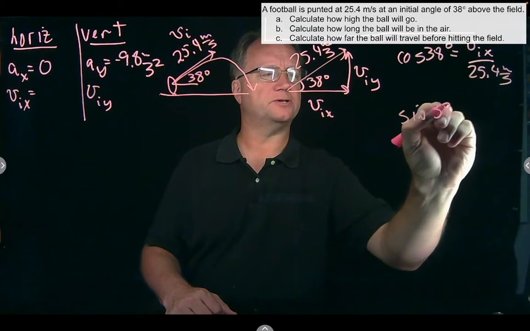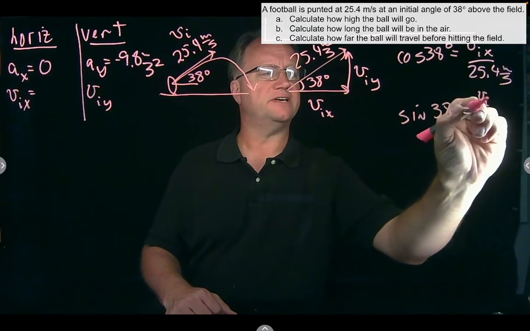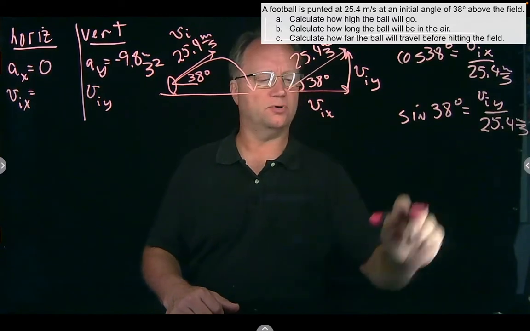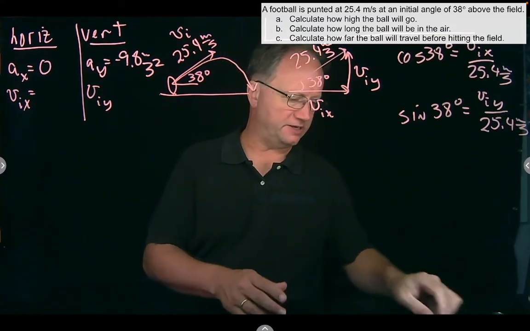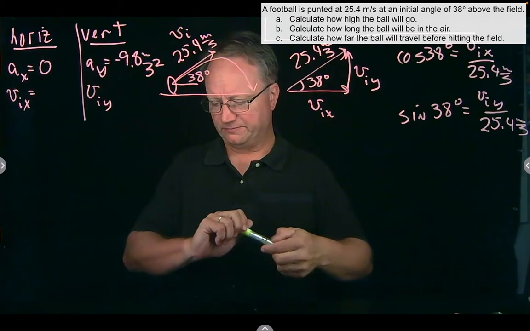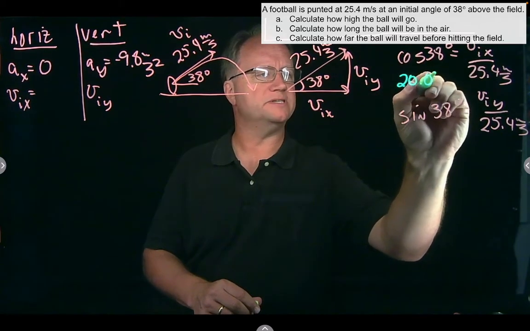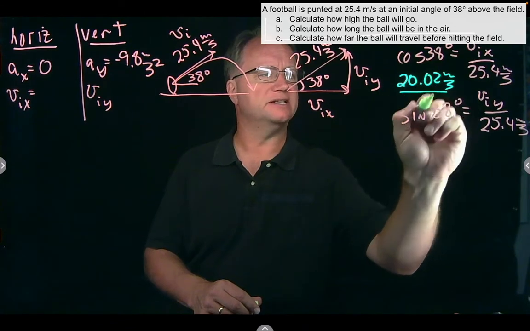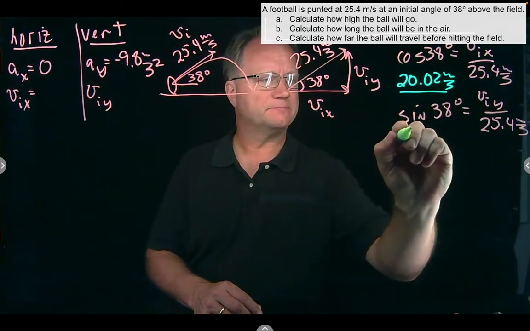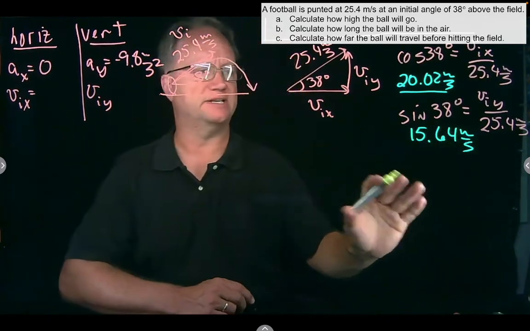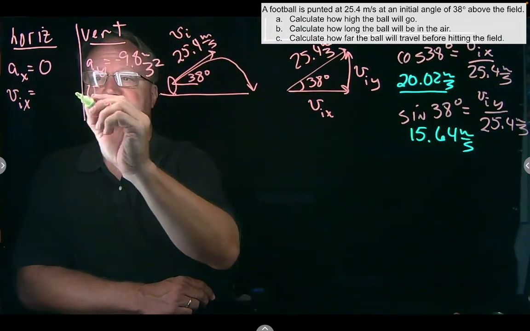Sine of 38 degrees, VIY over 25.4. So we plug into a calculator and calculate our values there. We get our VIX, 20.02 meters per second, and our VIY, 15.64 meters per second. So I'm going to fill those in on our givens table over here.